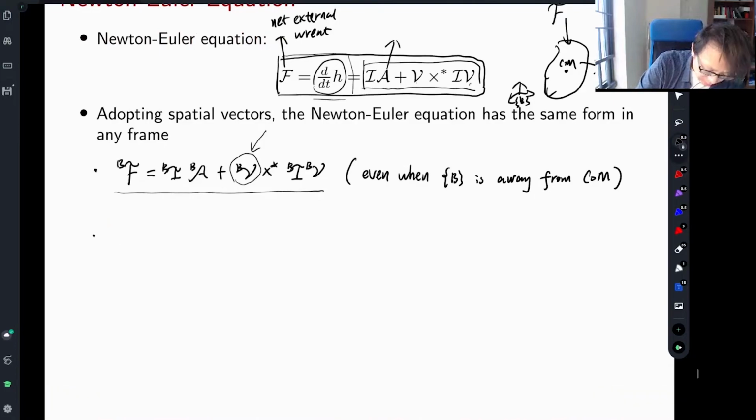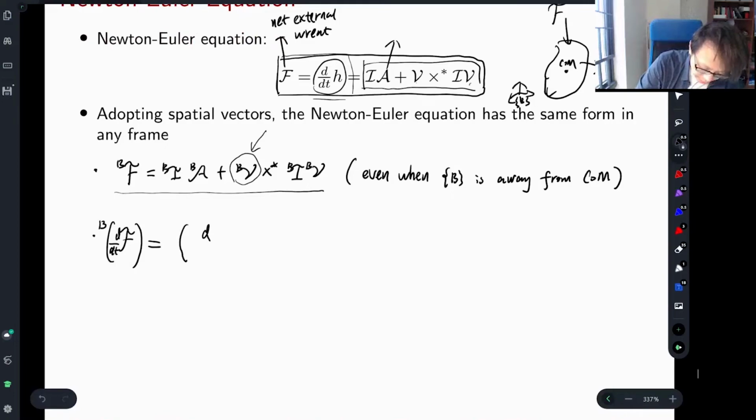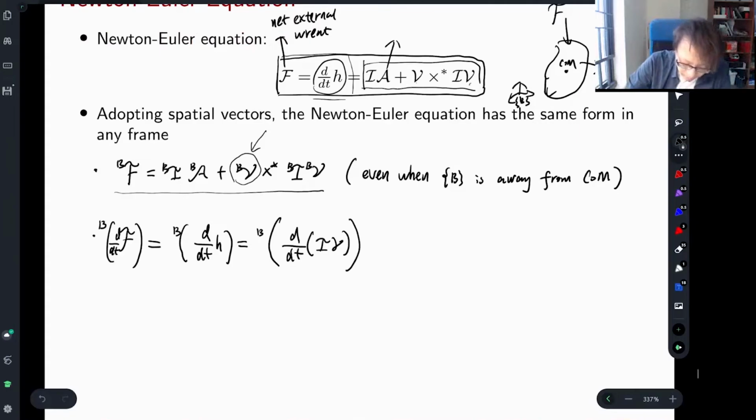So if I think about this as d/dt, the coordinate-free spatial force expressed in B equals d/dt of h, the spatial momentum, coordinate-free expressed in B. We know h is I V, that's the spatial momentum.